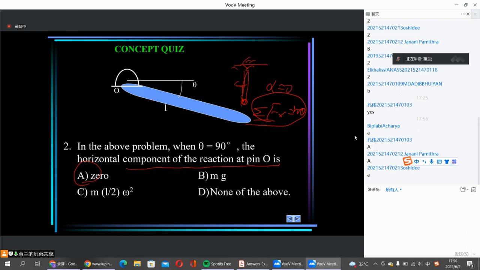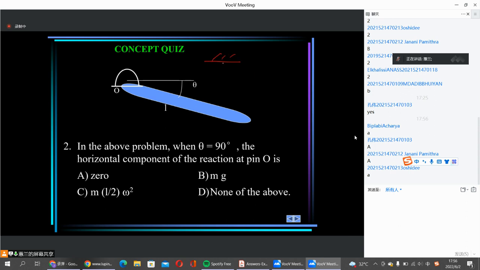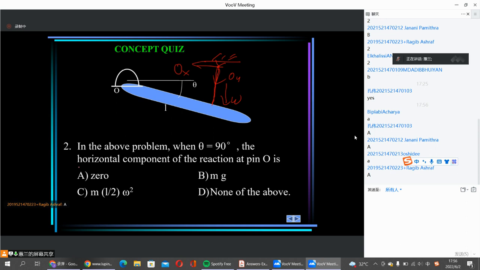Are you sure equal to 0? Let's do it together, okay. So when it's horizontal, vertical, the weight W, OX, OY. We need to find the OX, right?